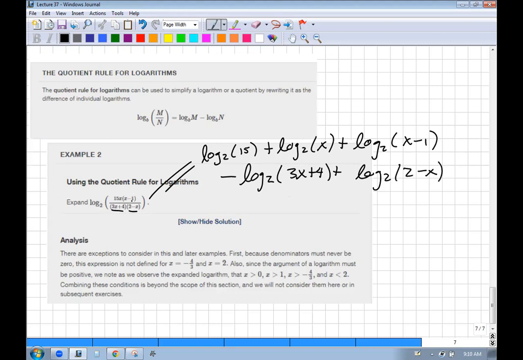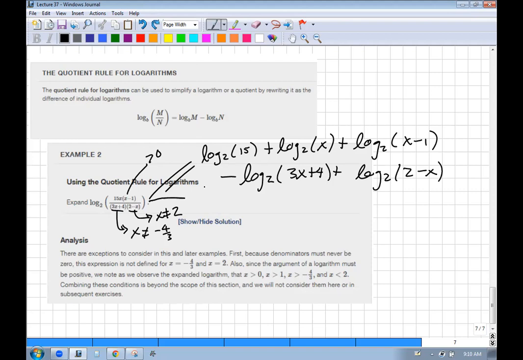Now, remember with logs, everything in there has to be positive. But you can also look at this and say, oh, well, x can't be 2, because that would be dividing by 0. And here x cannot be -4/3. This whole thing has to be positive.